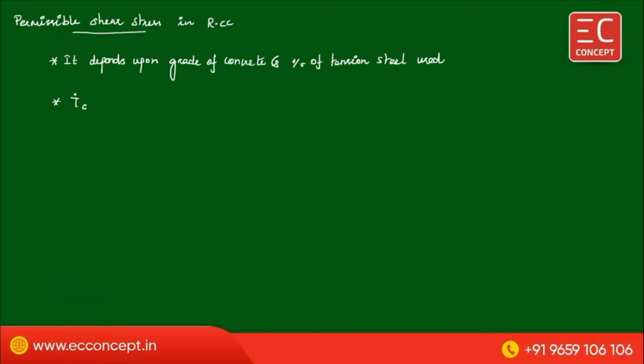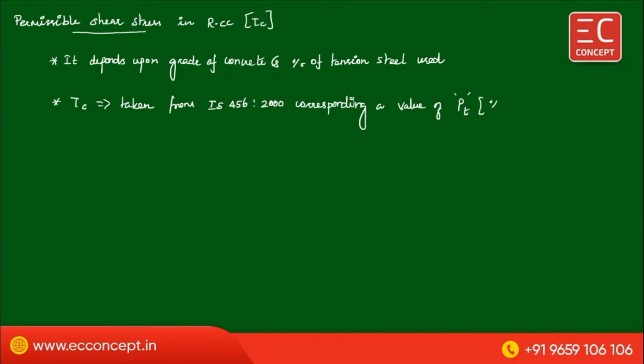Now the permissible shear stress is tau c. Tau c is the permissible shear stress, which is taken from IS 456 2000, corresponding to a value of PT, percentage of tension reinforcement.